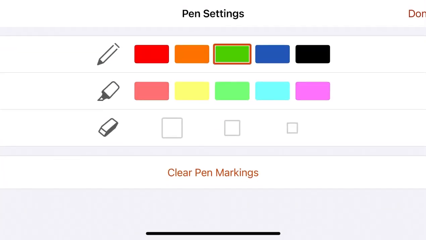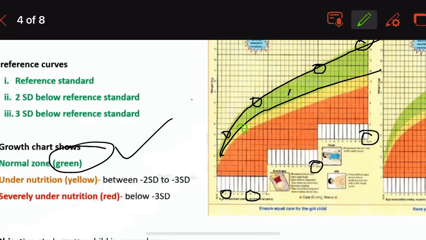And if the baby's weight falls under the yellow zone, it shows that the baby is undernourished, between minus 2 SD and minus 3 SD.